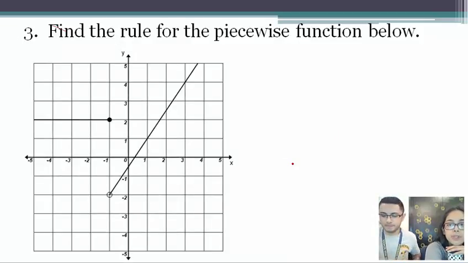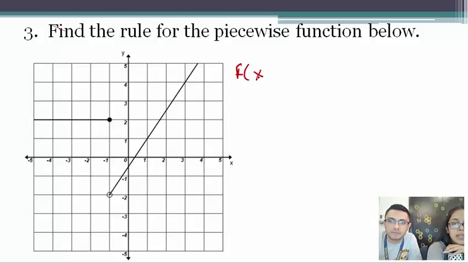Find the rule for the piecewise function below. What's the first thing we should do? When you see function, write f of x, and then your little brackets. Okay, so let's see. What can x possibly be when we talk about the line on the left?